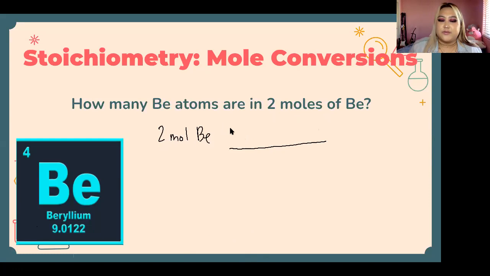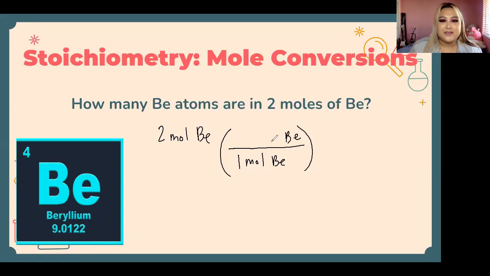What would be the conversion factor? Where would 1 mole be, on the top or the bottom? The bottom. Yeah, we want to cancel out, right? Let me make a little more space. 1 mole of Be. And on the top, what would it be?